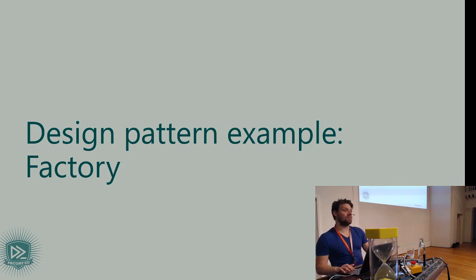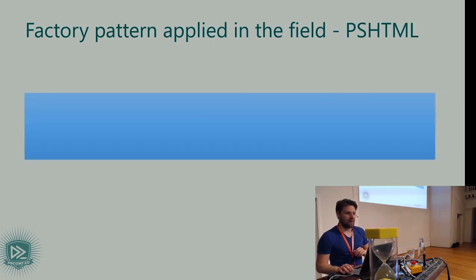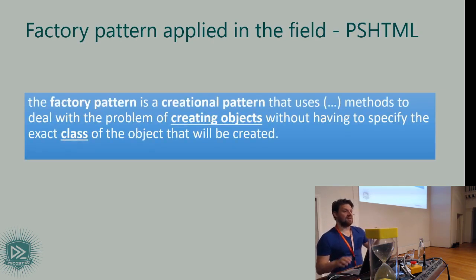So don't forget, there are 23 design patterns. I'm just taking one and applying it to some code here. So this is what it says in the book, on Wikipedia, what the factory pattern is. It is a creational pattern that uses methods to deal with the problem of creating objects without having to specify the exact class of the object that will be created.